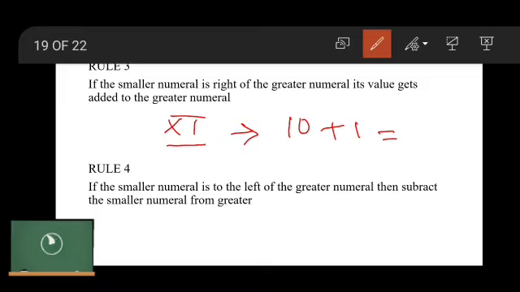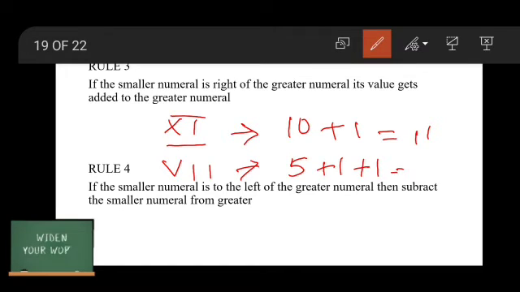So 10 plus 1 is 11. Similarly for 7, VII. We know that if the numeral is repeated, its value is increased. So V is 5, I is 1 and again 1, which makes 7.